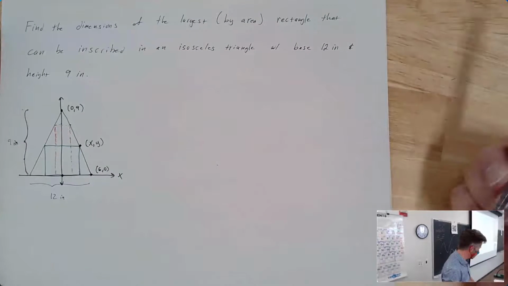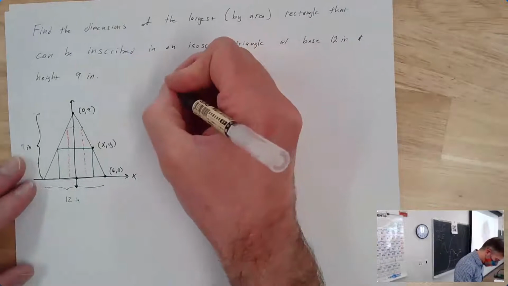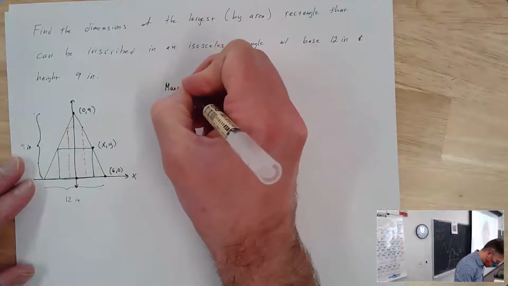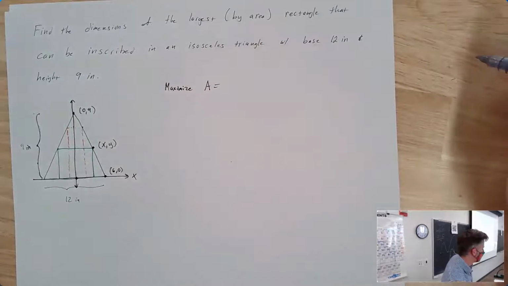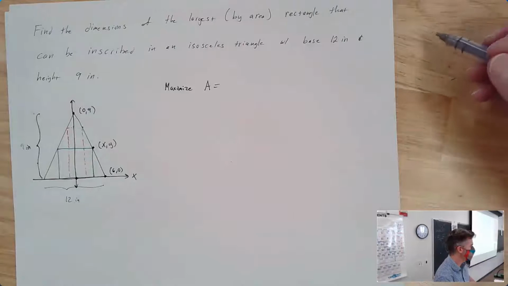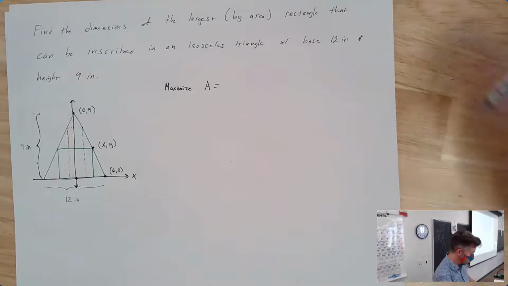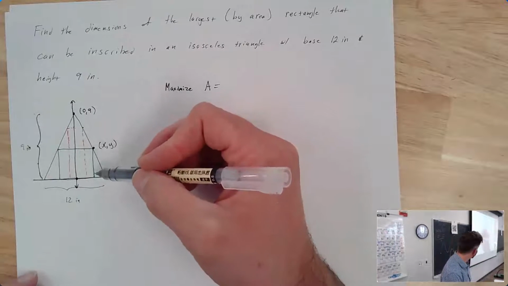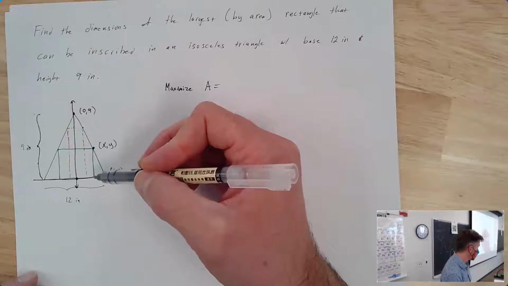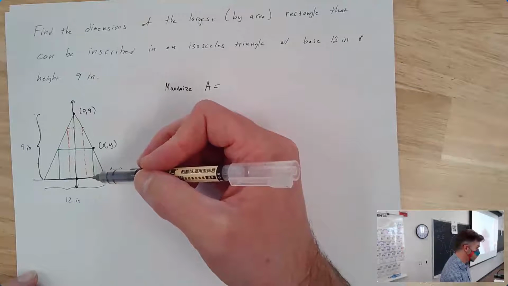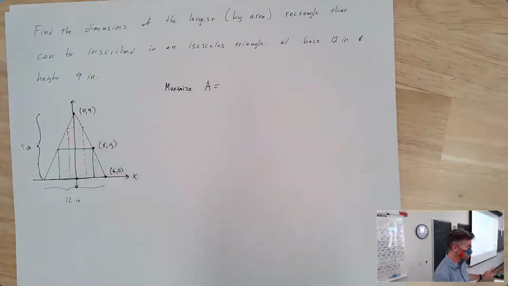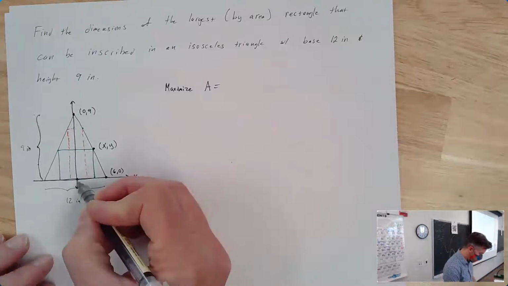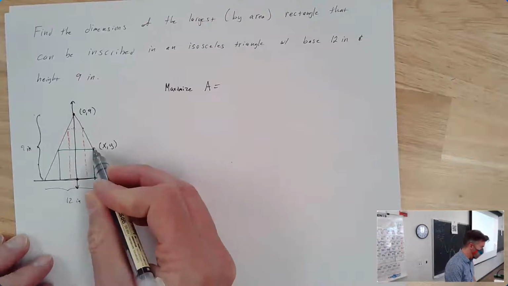All right, so we're trying to maximize the area of that rectangle, which, what's my equation for area? Right, and what's the height of this rectangle? Yeah, and what's the base? Well, it's not x, it's twice x, because x is how far we are from the origin, so it's x over and y up.